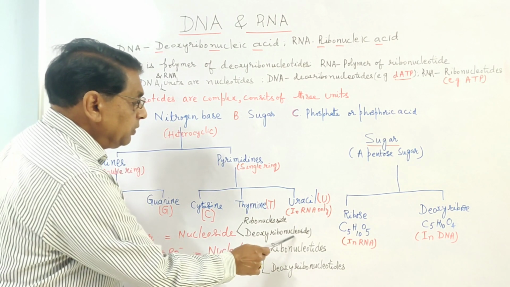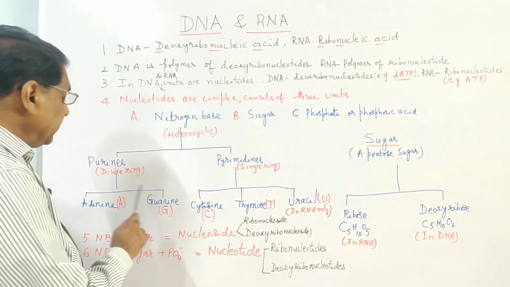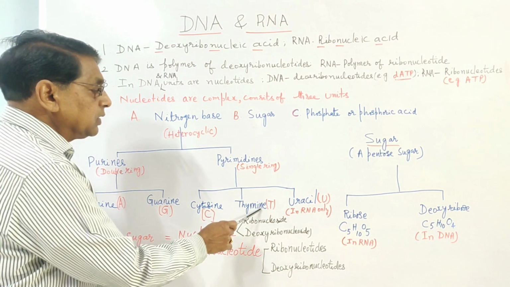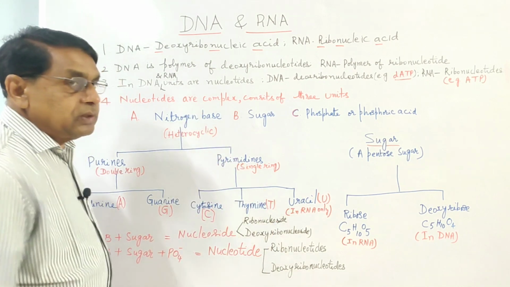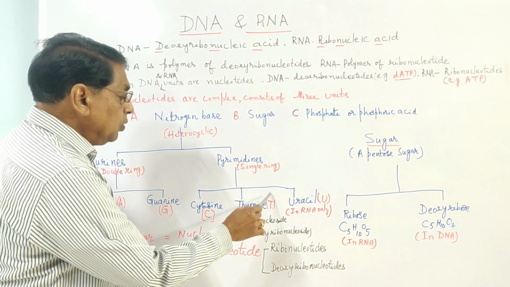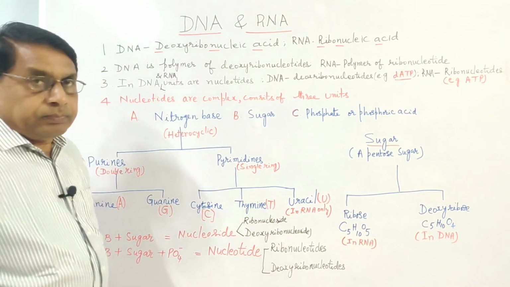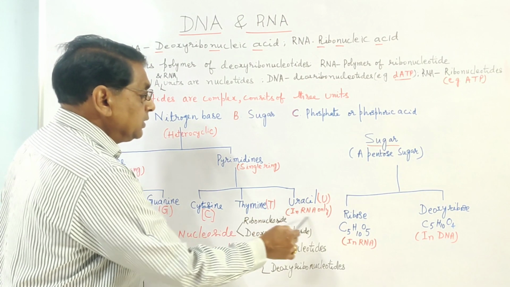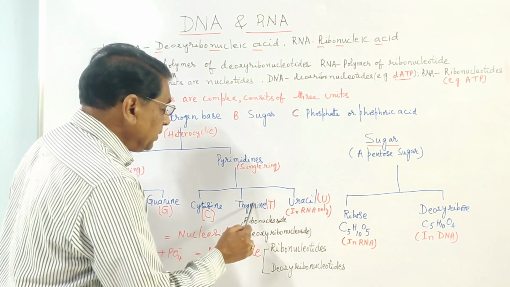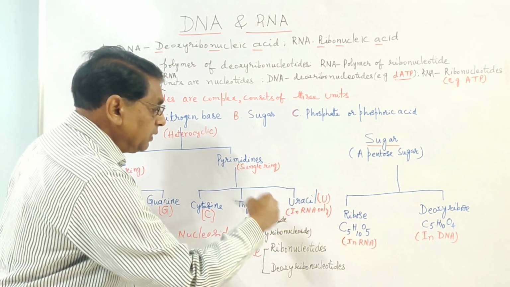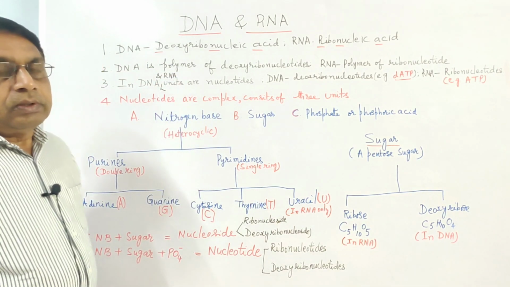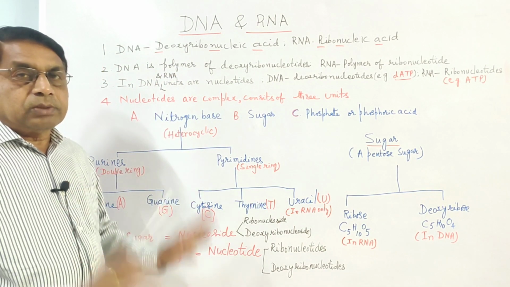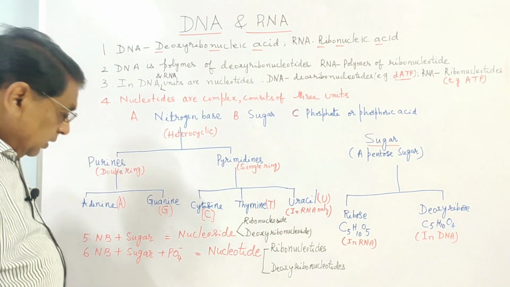Similarly, deoxyribonucleosides contain adenine, guanine, cytosine, thymine, but not uracil. Thymine is present only in DNA, but not in RNA. Similarly, uracil is present only in RNA, but not in DNA. This is again very, very, very important. Many times it is asked in different types of examinations.